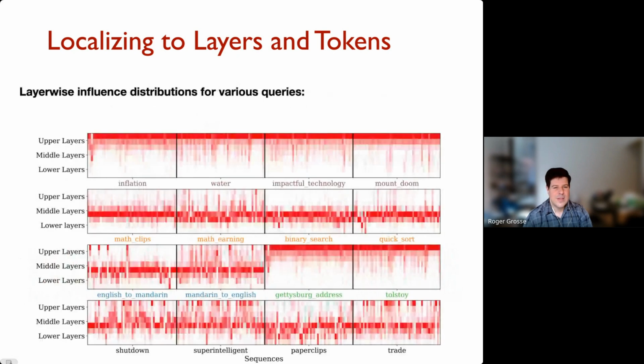The layer-wise distribution varies a lot between different influence queries. Here, each of these squares is one of the influence queries, and each column corresponds to the layer-wise influence distribution for one of the top influential sequences.